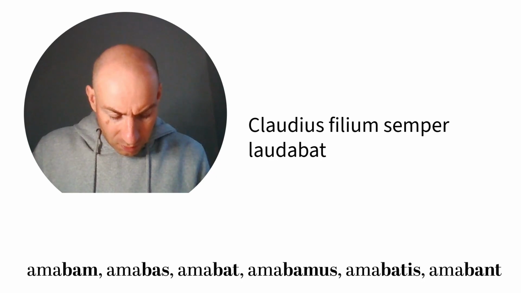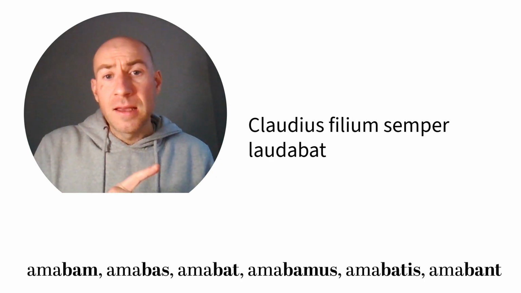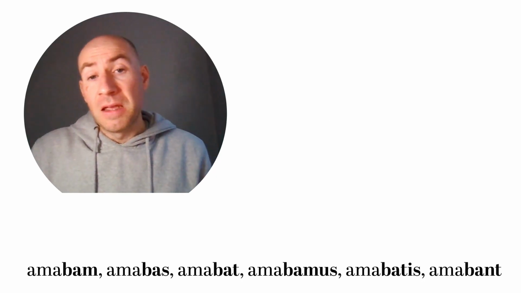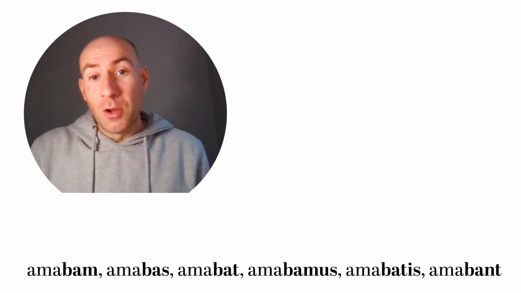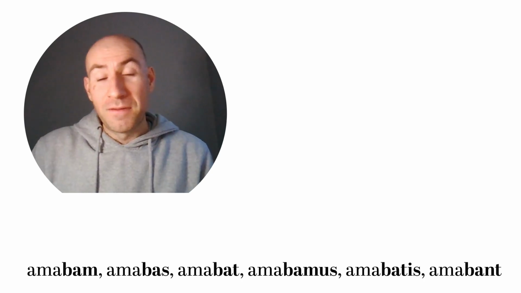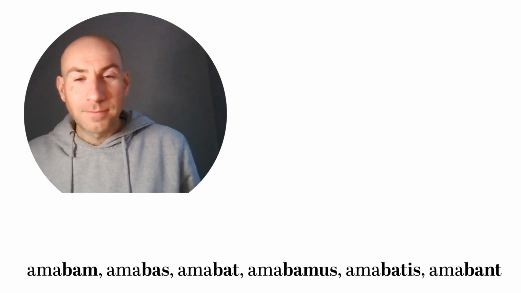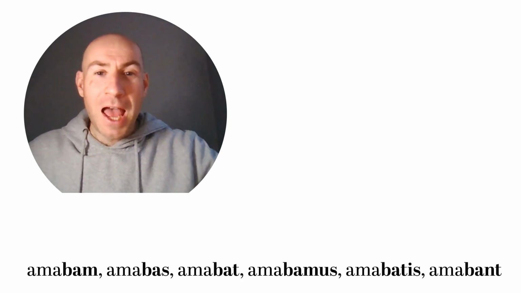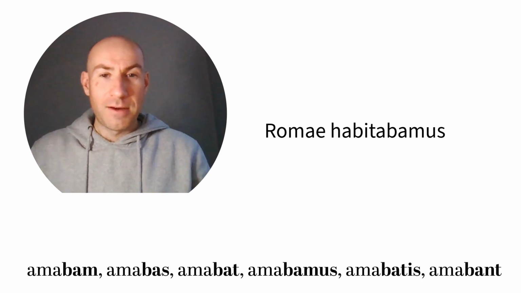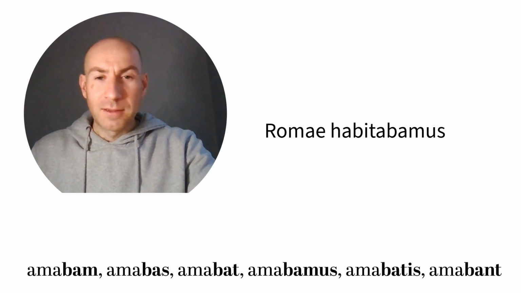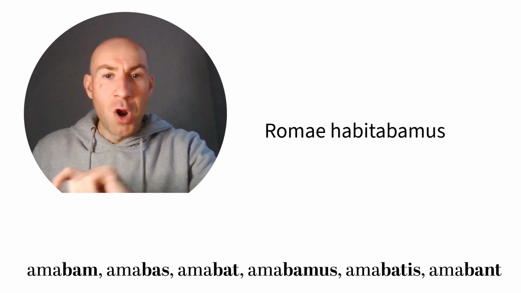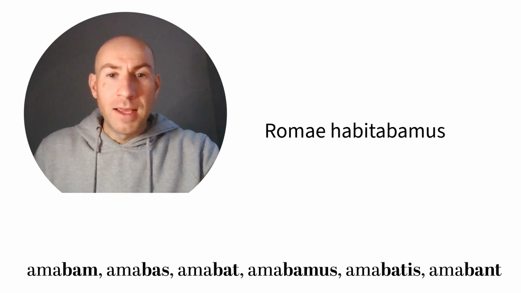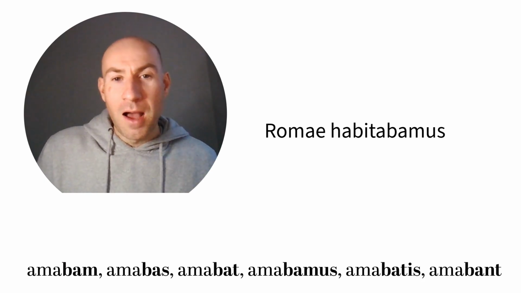Let's have one last sentence. We lived or used to live in Rome. We used to live in Rome. Romae habitabamus, from habitare. Romae, just one word, that covers all the information. Not in Roma, doesn't work. Romae habitabamus.